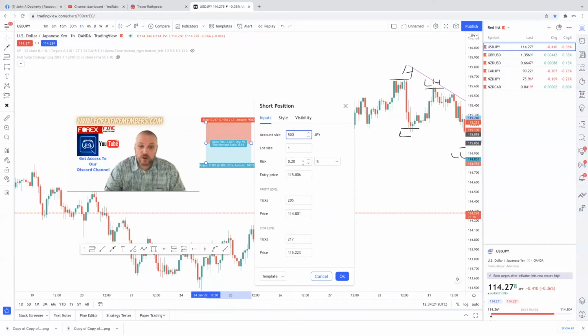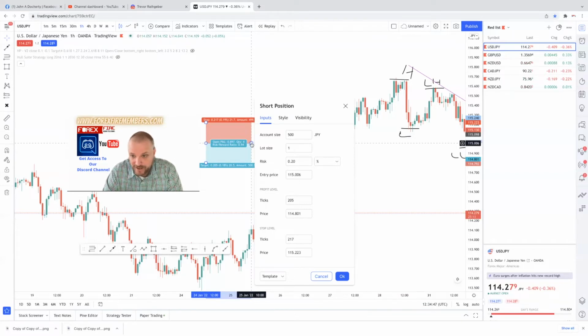Now, when you're doing your risk to rewards and things like that, a lot of people like to do risk to rewards, other people like to manage their trades as a trade's going to draw down. Let's say you're wanting to risk 0.2%, okay? 0.2% of the trade. And this is your entry, as you can see, 115.006.